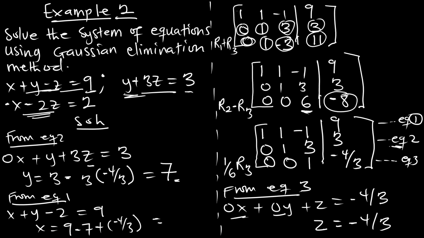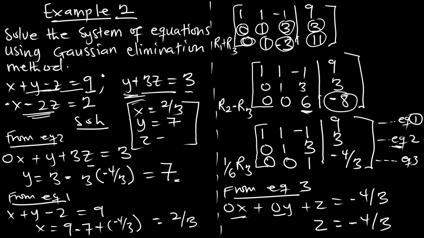When you solve this, your x is going to be 2 on 3. Meaning when you solve this system of equations, your x is 2 on 3, your y is 7, and z is negative 4 on 3. So this is the solution for this system of equations using the Gaussian elimination method.